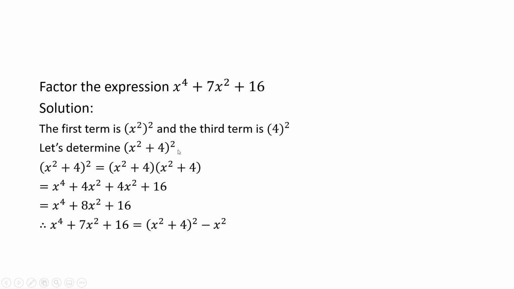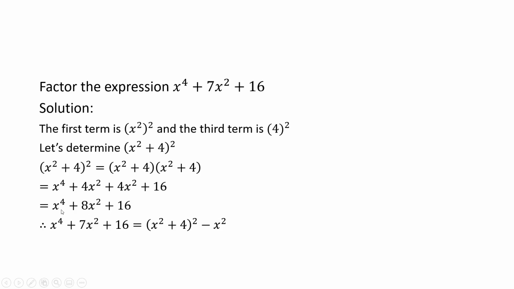Well, x squared plus 4 quantity squared is x squared plus 4 times x squared plus 4, which is x to the 4 plus 8x squared plus 16. So we were given x to the 4 plus 7x squared plus 16. If we can just change it to x to the 4 plus 8x squared plus 16, we might be in business. So that's what we do.